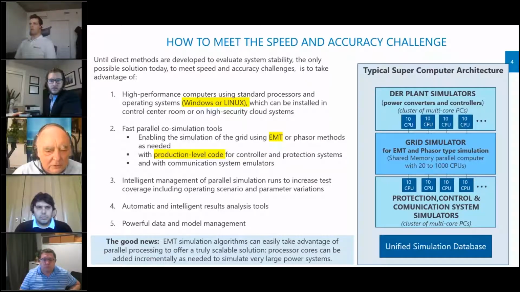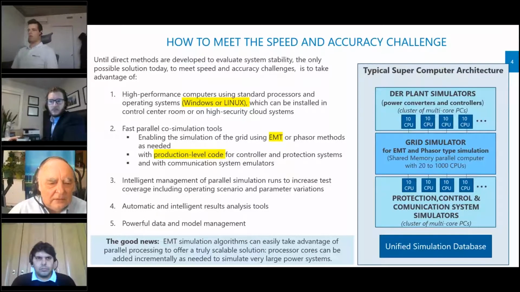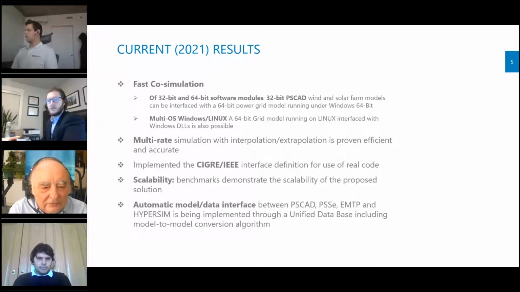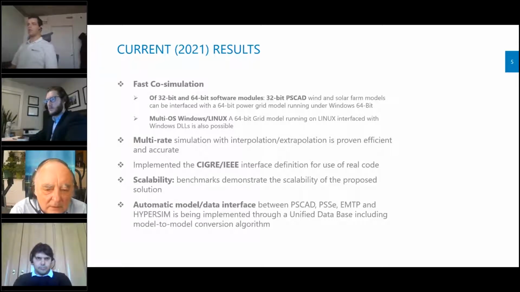So if the grid becomes very large, then we can just add a processor. As of now, what we have demonstrated, at least over the last 6 months, is fast co-simulation. That is required to interface, for example, the 32-bit PSCAD DLL control model provided by suppliers.